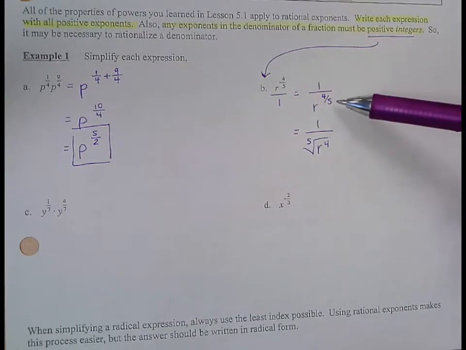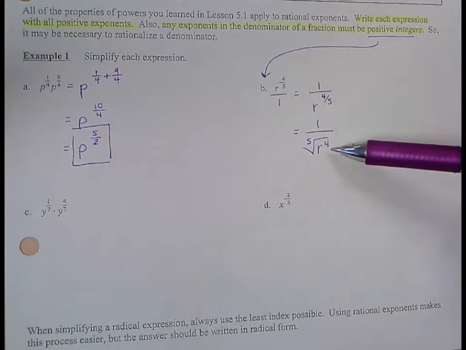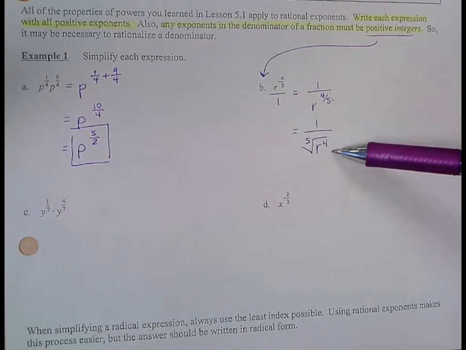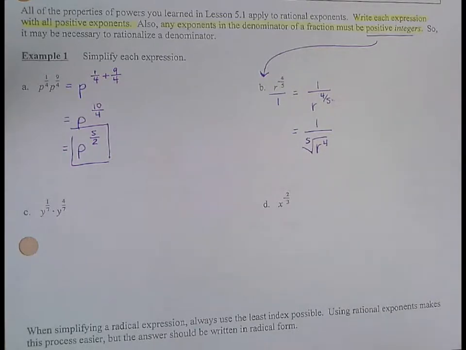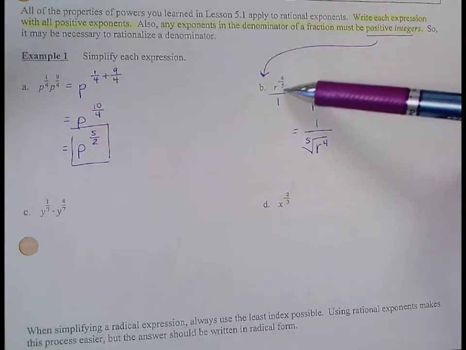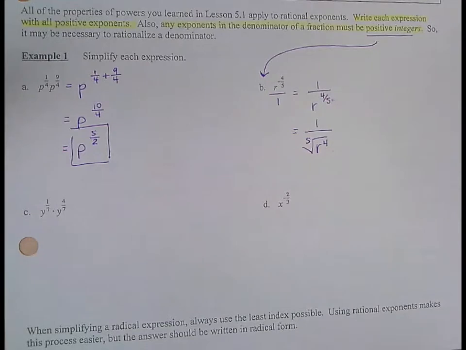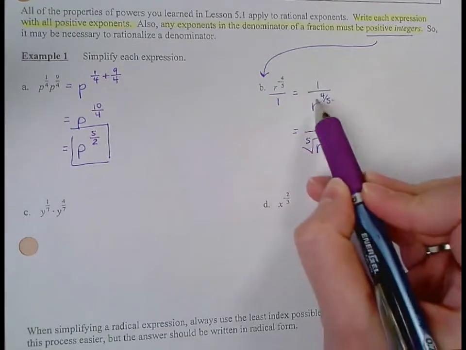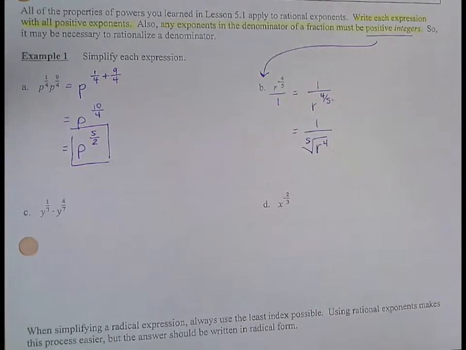So having a rational exponent in the denominator is the same as having a radical in the denominator. And we've already talked about how you can't leave a radical in the denominator. You need to rationalize the denominator so that the radical is out of the denominator. Whether you keep working with it in exponential form or rewrite it as a radical, that doesn't matter to me. Your final answer, though, should be in exponential form since the problem was given in exponential form. So I'm going to keep working with the exponential form. I just wrote this so you understood why we have to rationalize.